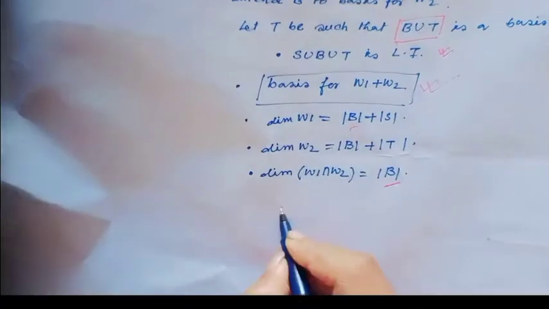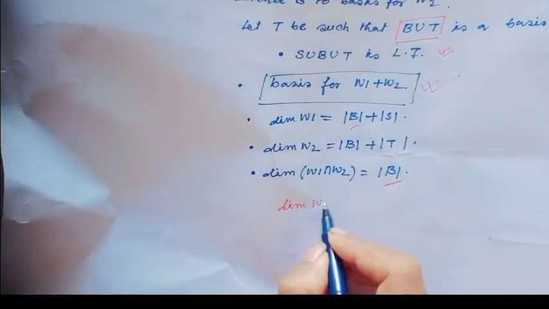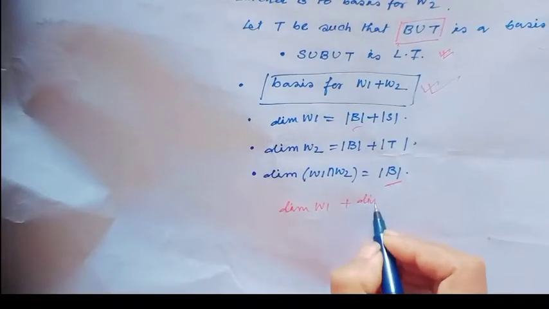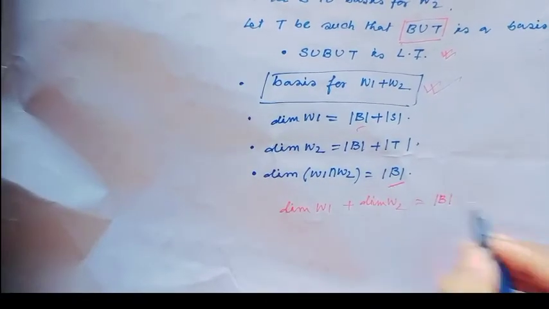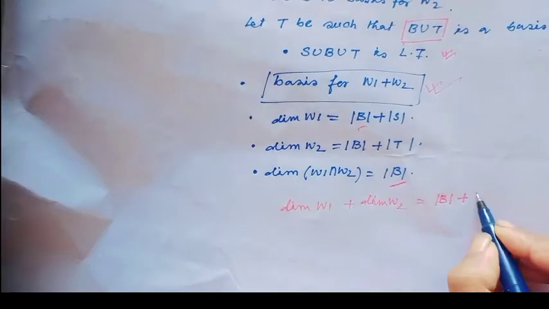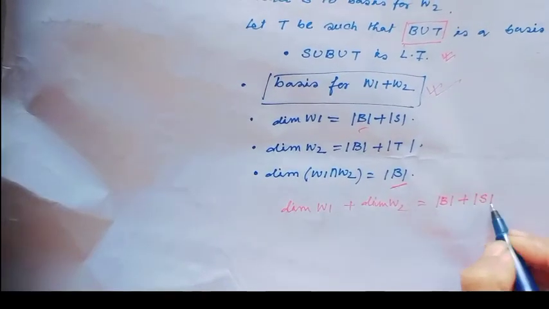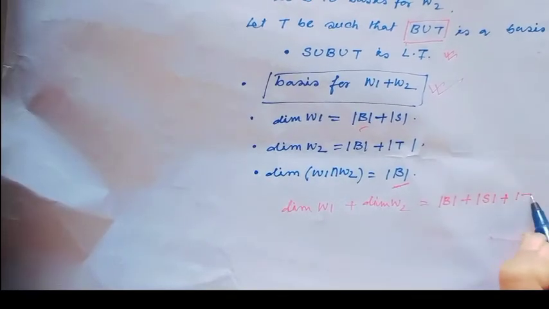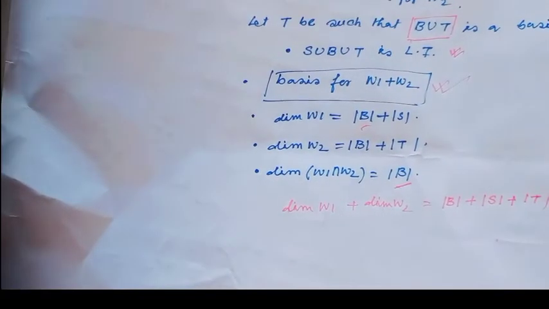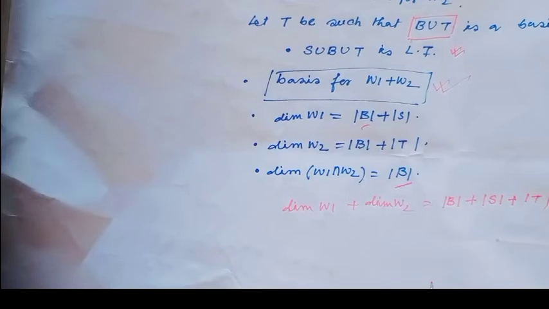Then dimension of W1 plus W2 equals the cardinality of B, meaning dimension of B, plus dimension of S plus dimension of T by definition.